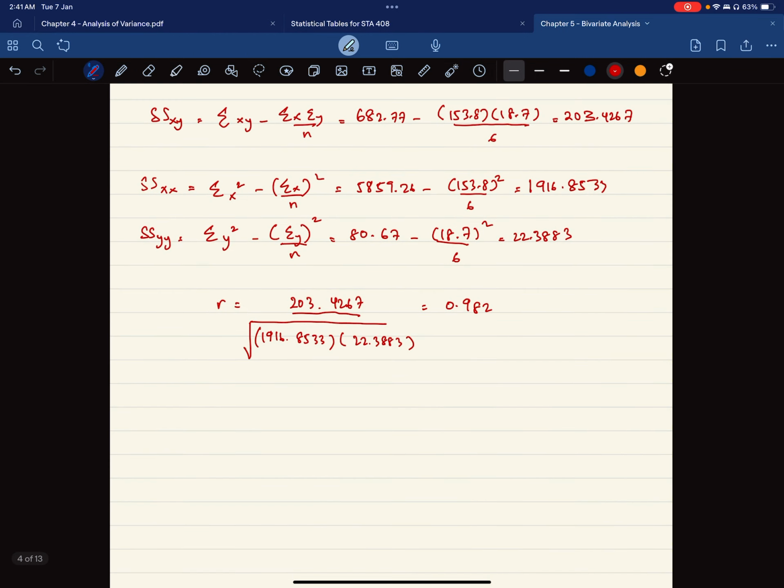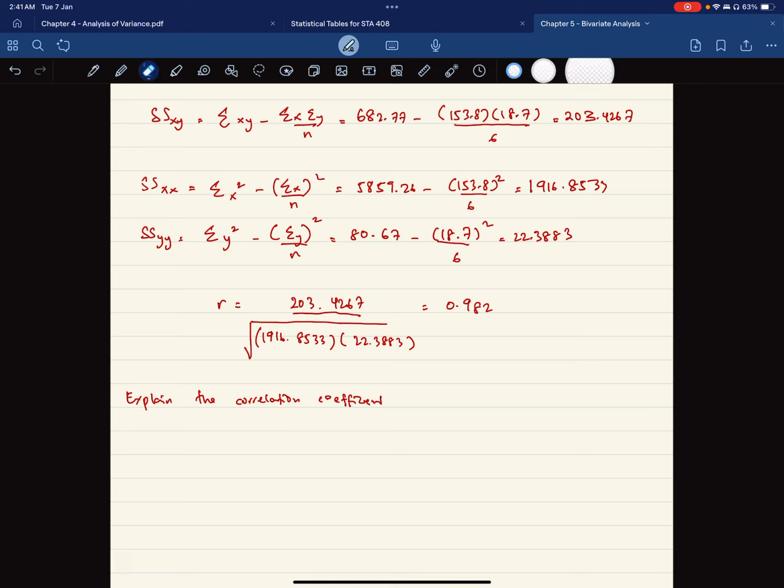For your r, you have to explain the correlation coefficient. First you can determine the type of relationship, whether it is positive or negative, and you can also explain the magnitude.